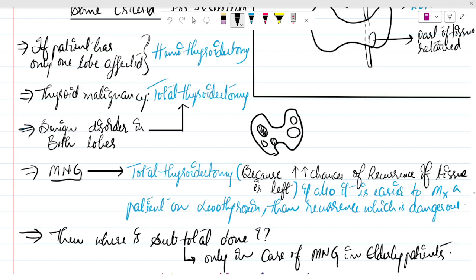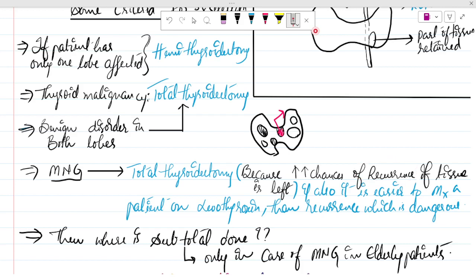Now, if you try to do some resection procedure, saving the thyroid tissue, that means if you do a subtotal or a hemithyroidectomy, this tissue which is left as a remnant might trigger and increase the chance of recurrence.